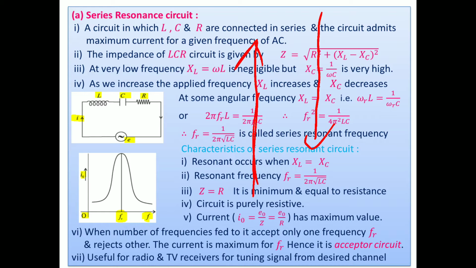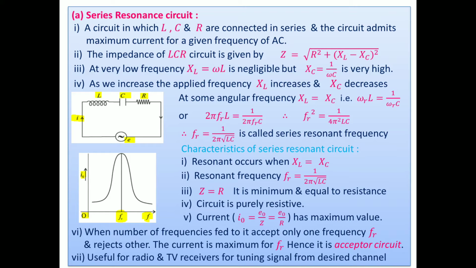Exactly the same thing is there. As inductive reactance goes on increasing and capacitive reactance goes on decreasing, at a particular stage, at some frequency, inductive reactance equals capacitive reactance.